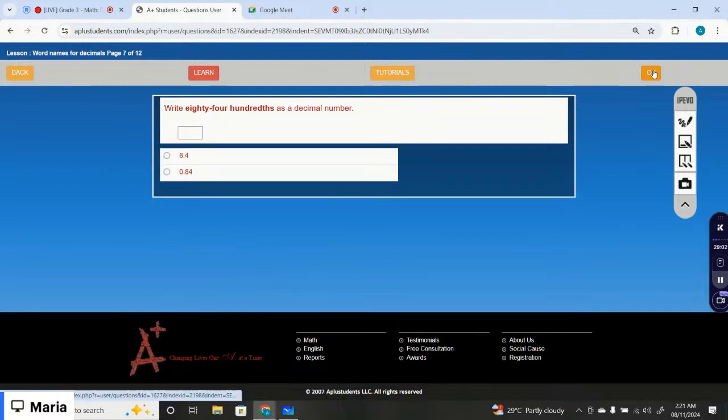The next one, right, 84 hundredths as a decimal number. So which is the correct option?